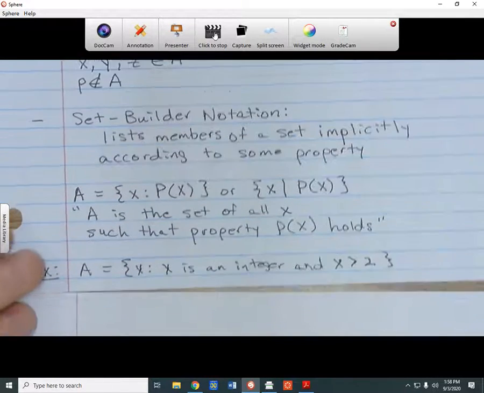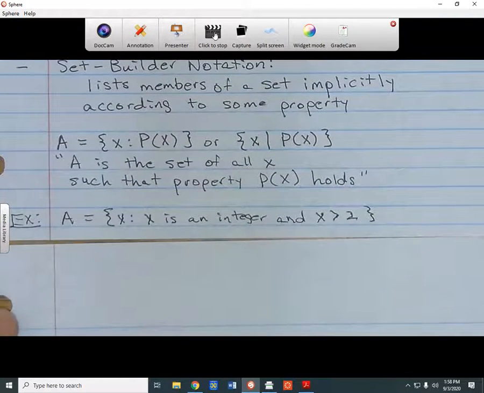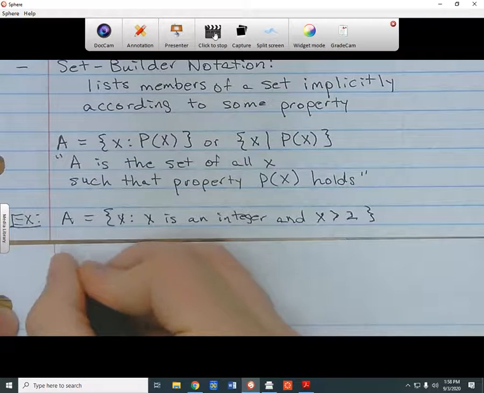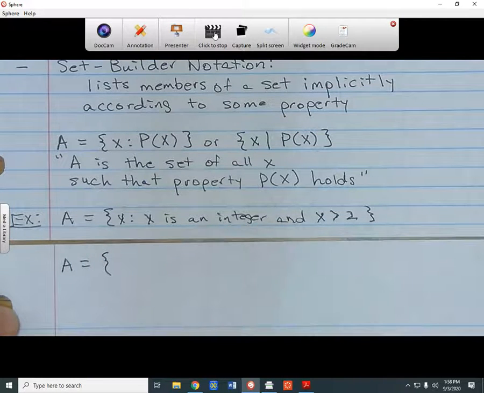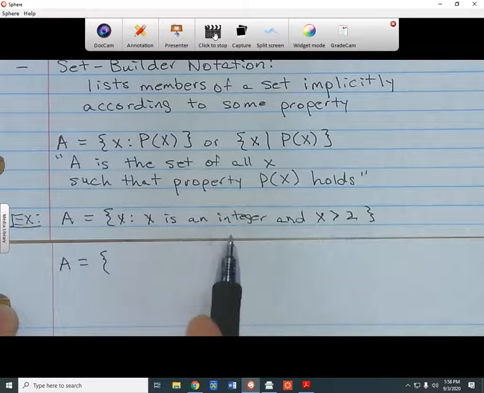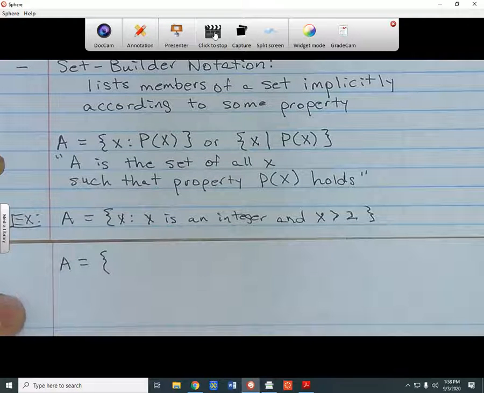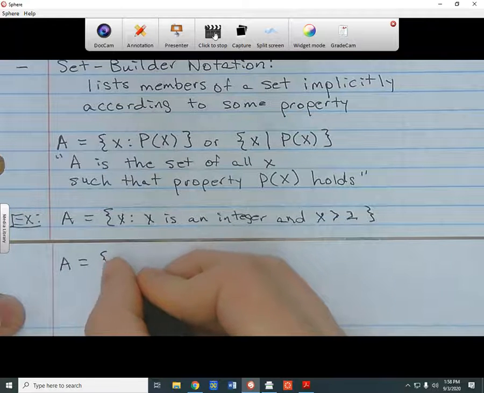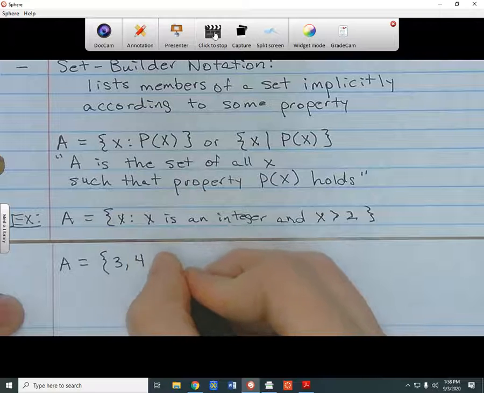So what would this set look like? Let's see if we can write it out. A is going to be a set. It's going to contain integers, because remember, X has to be an integer, and X has to be greater than 2. So the first integer that's bigger than 2 would be 3. 4 would also be greater than 2. 5 would also be greater than 2.